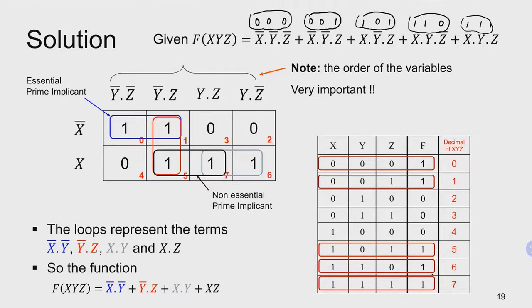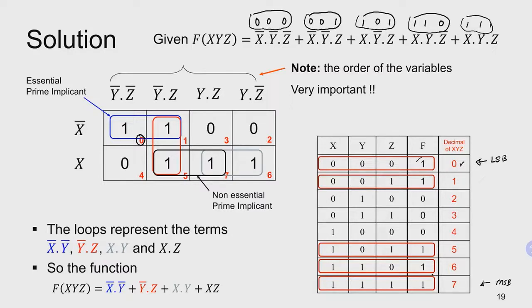Okay, so I put a decimal equivalence of our X, Y, and Z. So this is the least significant bit. This is the most significant bit. And then I have my index location on my Karnaugh. So I got 0, which is referred to this 0 here.